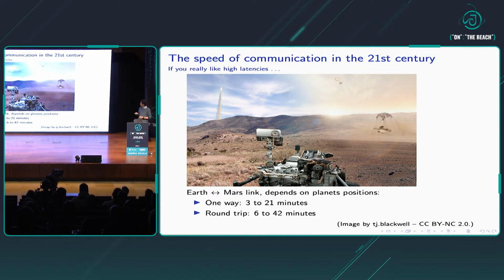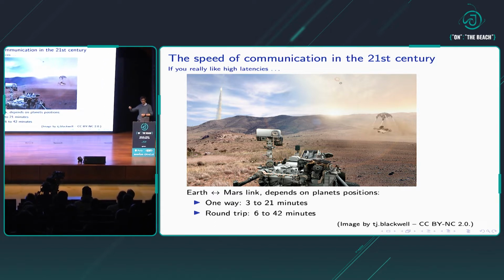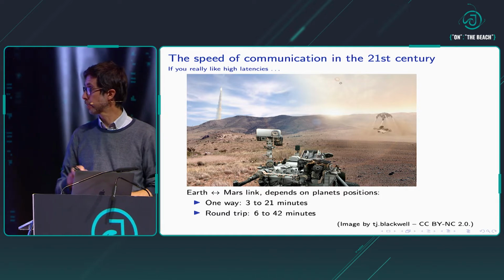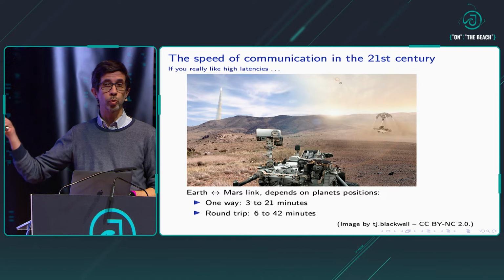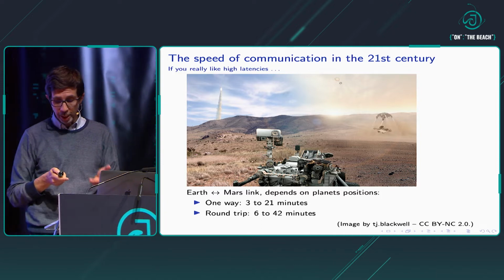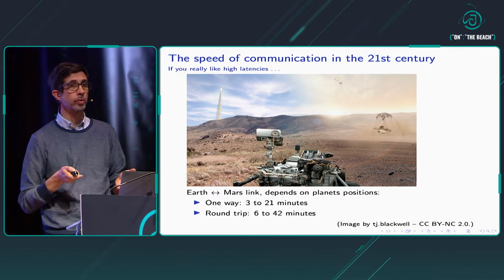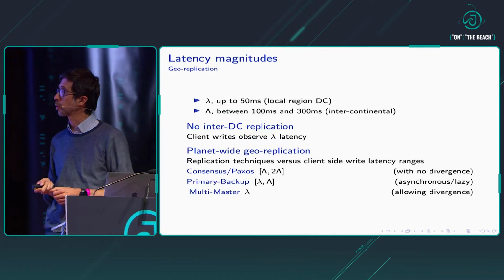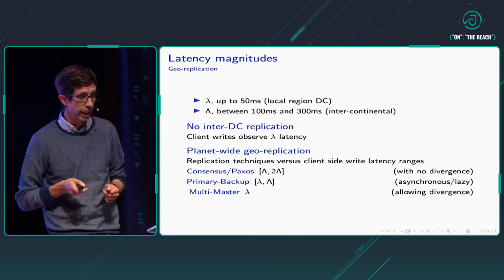So if we are trying to handle data within the solar system, we are looking at round-trip times that will be close to 1 hour. So it will be hard to use certain kinds of protocols in this setting. So let's look at what protocols we might be looking at.